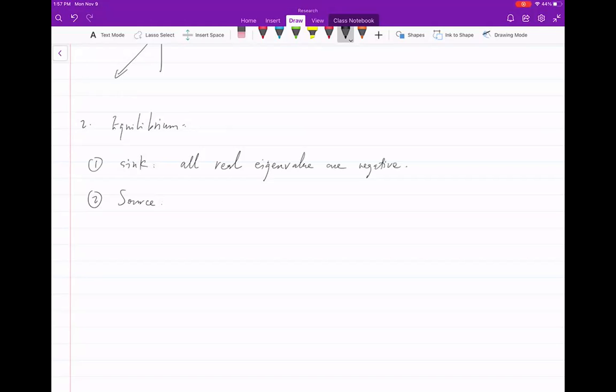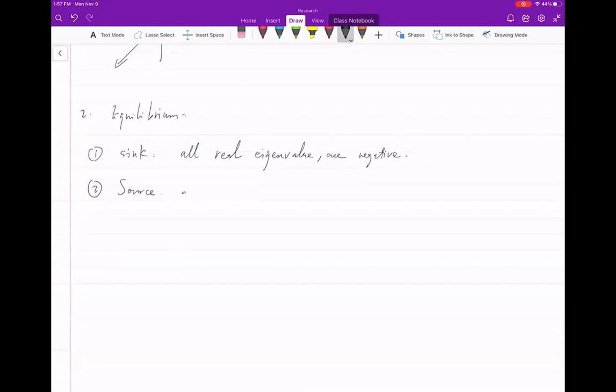You have a source if all real eigenvalues are positive. That's one case. You also need to count in the spiral sink in certain directions.